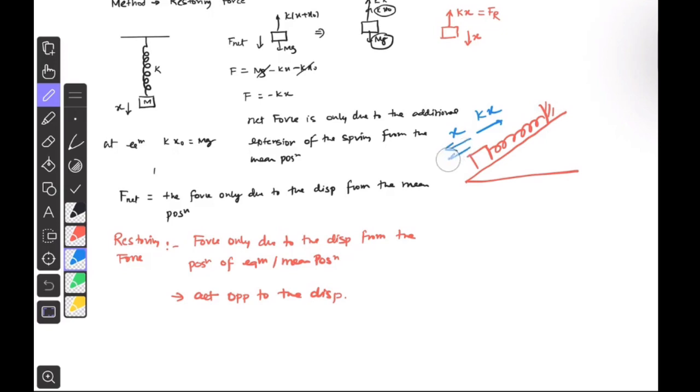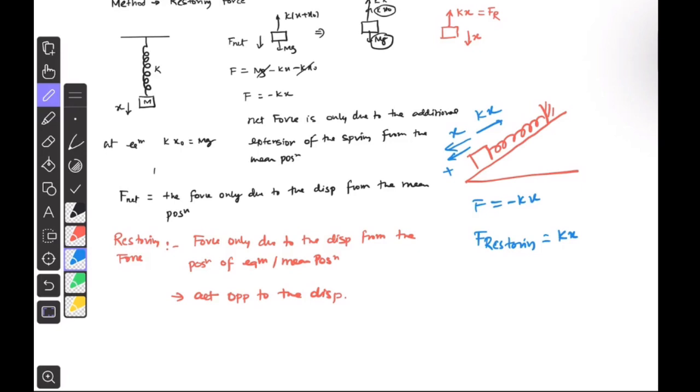And down I have taken as positive, so the net force will be equal to minus of kx. And restoring force I will write down as kx. The one that will be the force that is going to come into picture due to the displacement given from the mean position. So I hope you got the idea what really I'm trying to convey here.